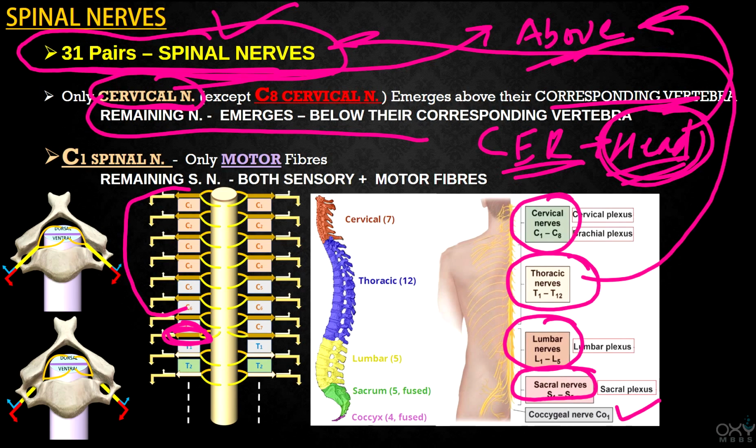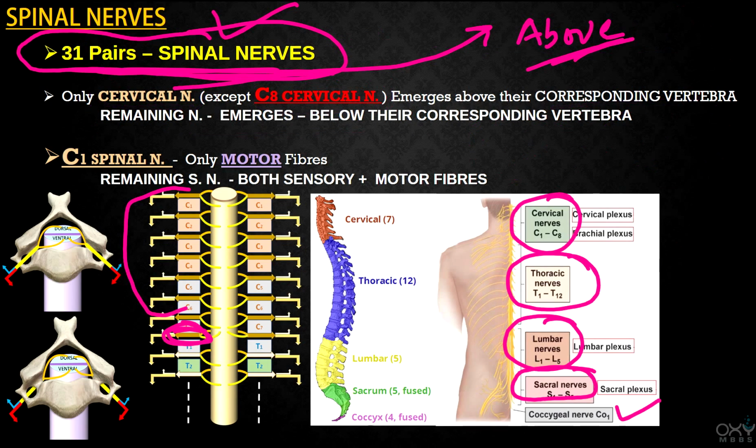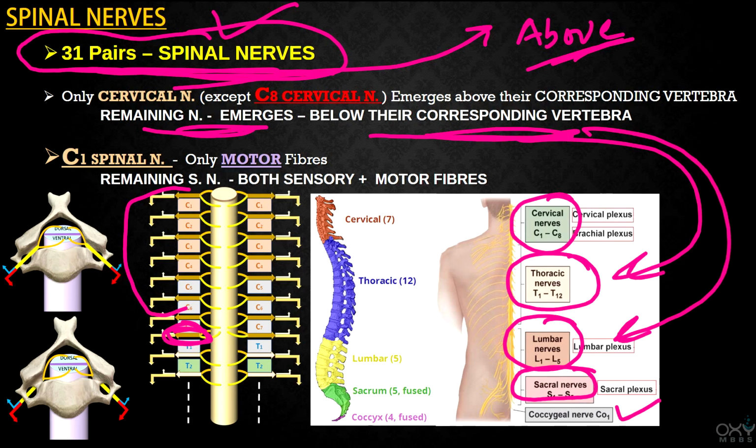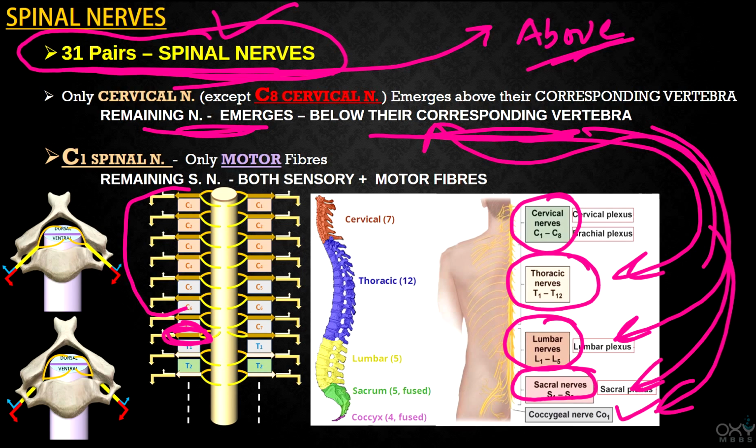In this way friends, you can remember that cervical nerves are present above their corresponding vertebra except the 8th cervical nerve. Okay friends, the remaining nerves, as you know, emerge below their corresponding vertebra. Here these and these all emerge below the corresponding vertebra.